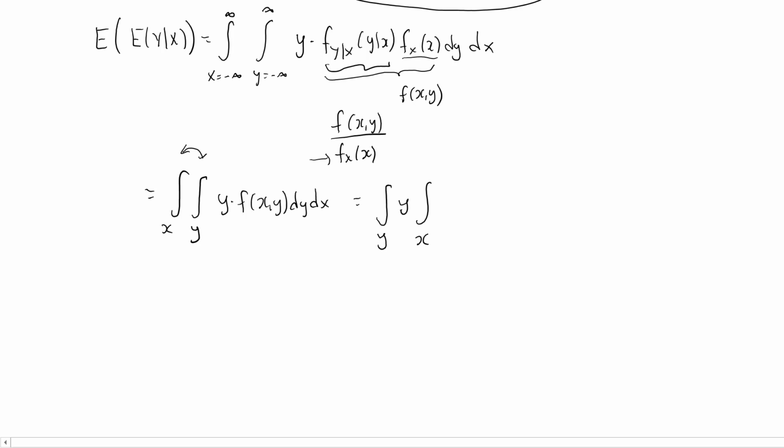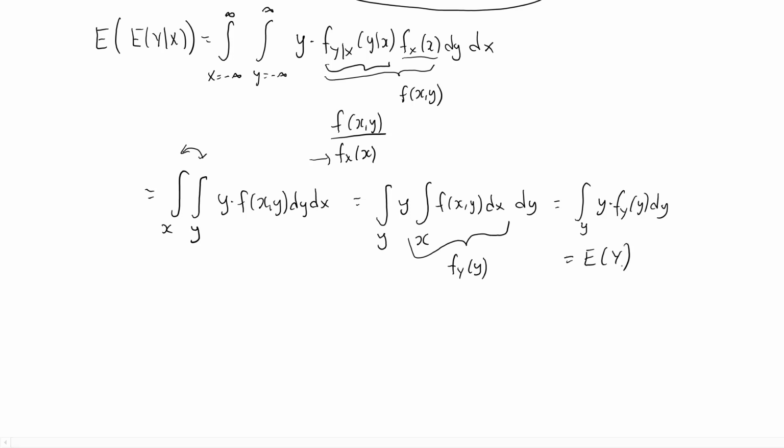That's a constant in this integral. And then I'm just left with the joint, dx dy. We recognize this. If I integrate the joint PDF over all possible values of x, it becomes the marginal of y. So the whole thing is the integral of y times f Y of y dy, which is indeed the expected value of y. And we've seen that these must be equal.